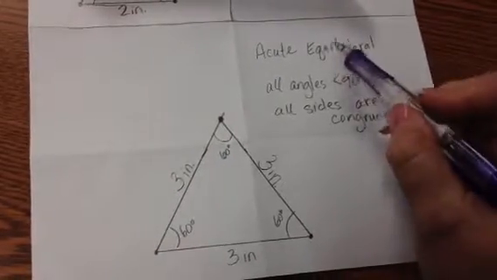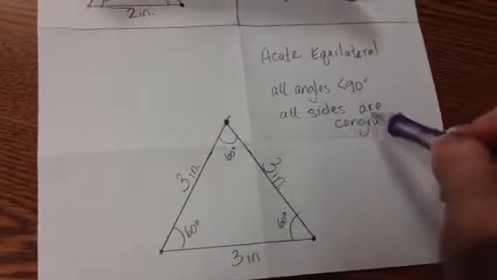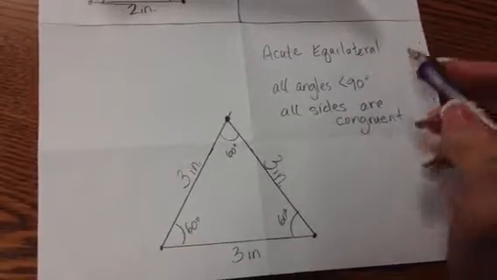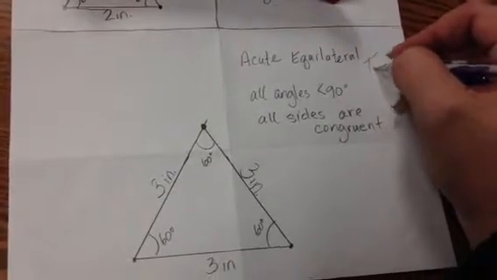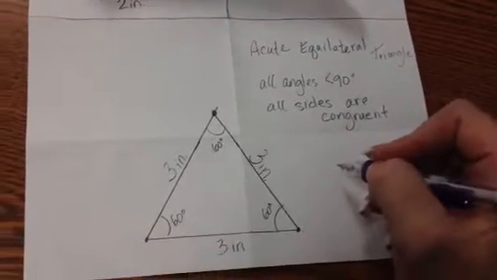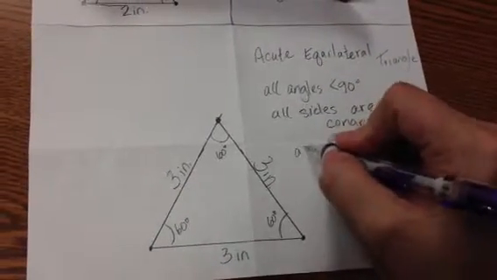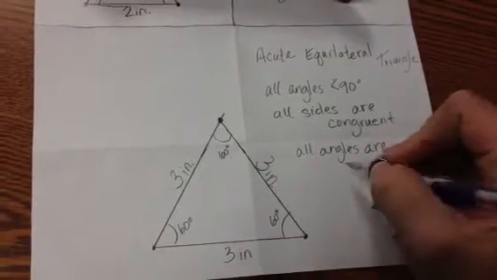And that's where the word equilateral comes from. Equa meaning the same, lateral means your line. So equilateral, those are your sides. And it is a triangle. And all angles are congruent.